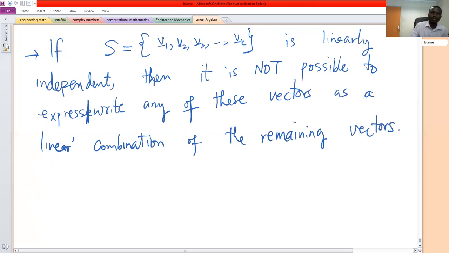So that's what we mean by linear independence and linear dependence.